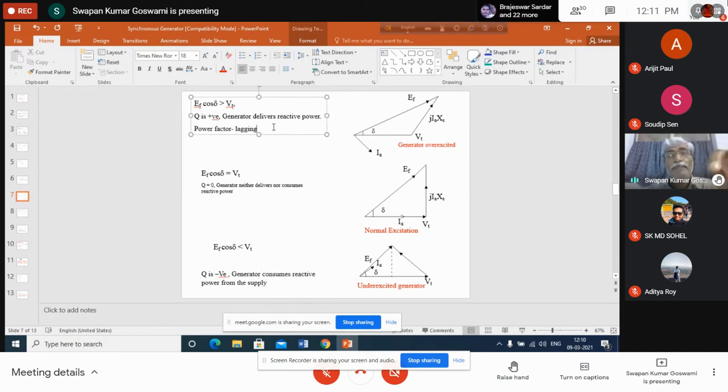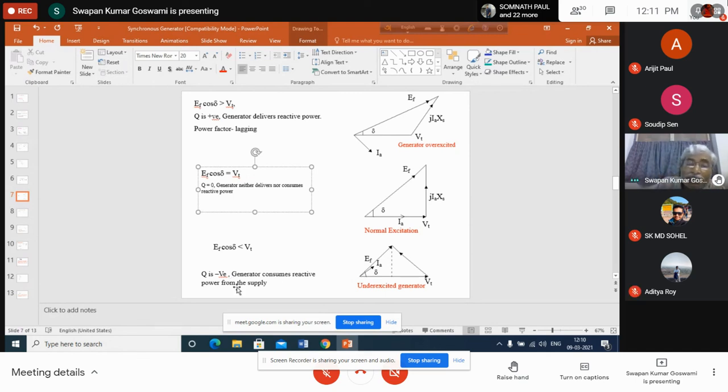When the load is inductive in nature, the generator operates at lagging power factor. And when the load is not consuming or supplying any reactive power, the generator operates at unity power factor. Is this clear? These are three distinct operations of the synchronous generator: leading power factor, lagging power factor, and unity power factor.